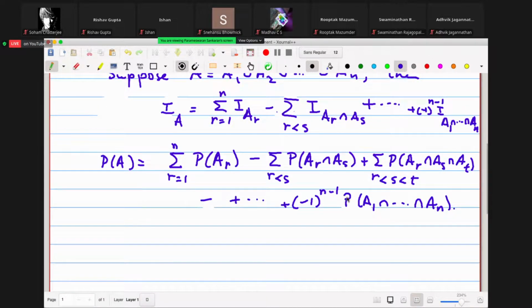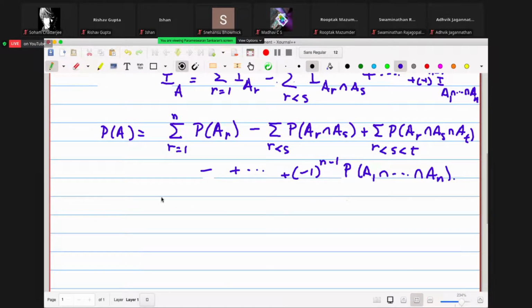Now I want to do a problem which involves matchings. So before that, let us just recall this definition in case you have not seen it before.